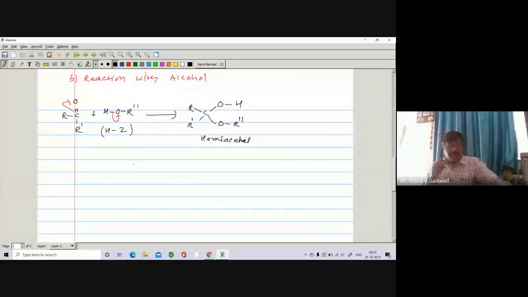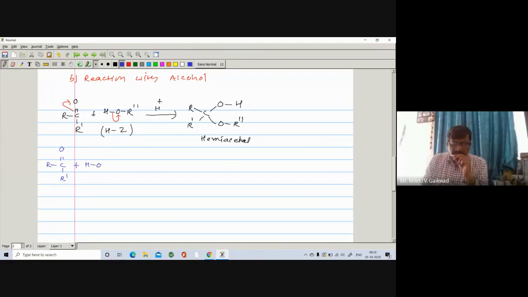Let us see the same mechanism. Whatever things we have learned in the previous one, the same thing we have to write. So there is a formation of hemiacetal. The reaction takes place in the presence of acid. So it is an acidic medium, H positive mechanism. If suppose we take this compound R, C double bond O, and R', maybe same, maybe different.